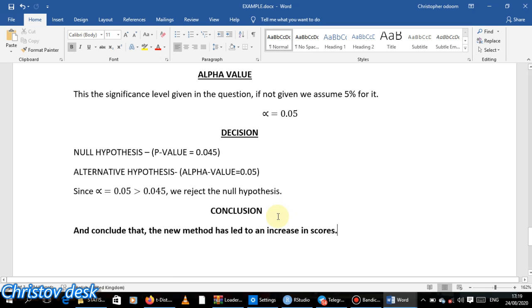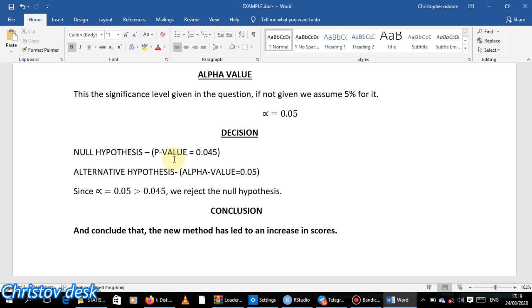Now we want to take a decision. Now that we are done with the test, what do we do? Are we going to reject the null hypothesis, or fail to reject the null hypothesis? I said that with this type of test, the probability that the null hypothesis will be true is the p-value, and the probability that the alternative hypothesis will be true is the alpha value. So compare these two probabilities. Which one has a higher probability?